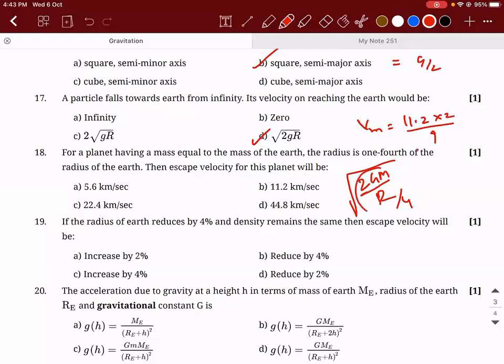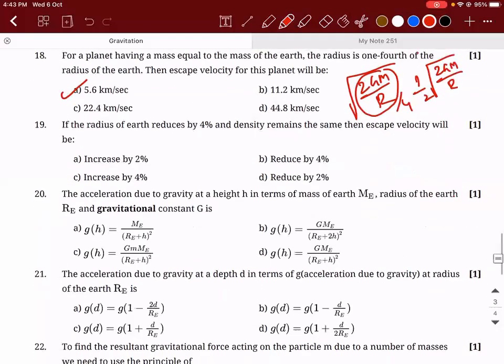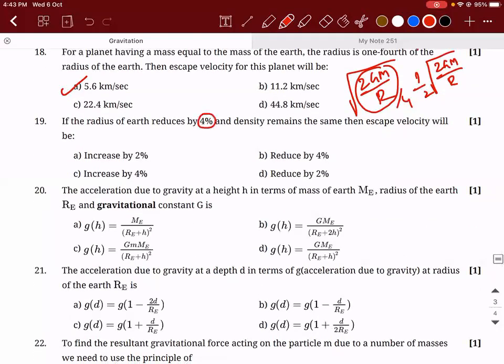So it will become root of 2 GM divided by R, divided by half of this one. So what will be the answer? 5.6. That's it.